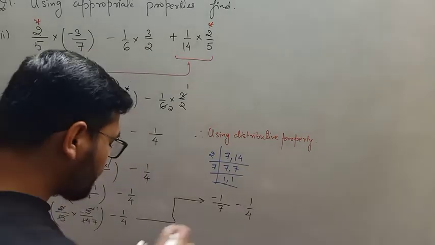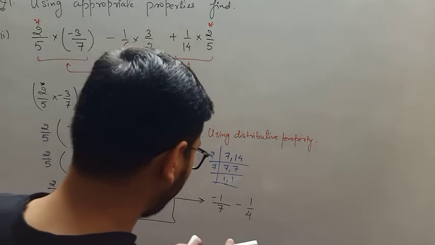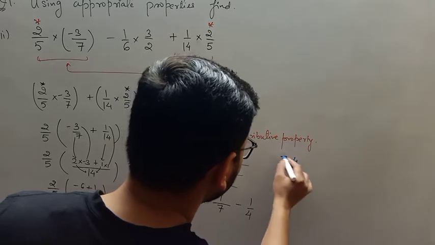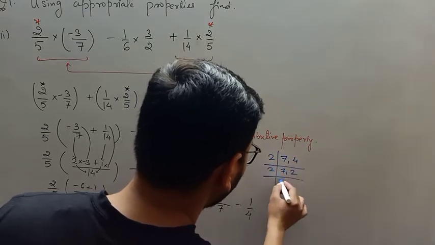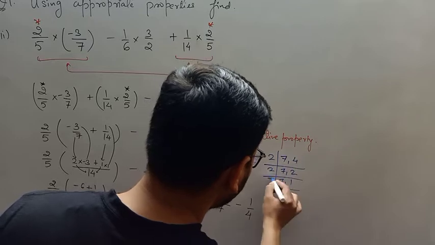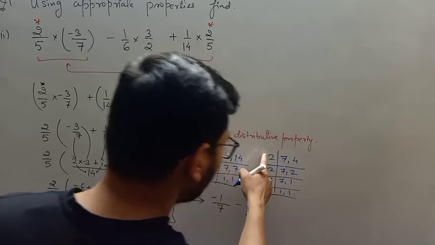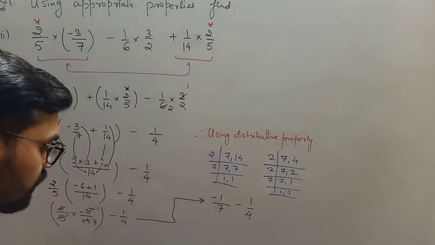Now what is the LCM of 7 and 4? 2 2s are 4, 2 1s are 2 and 7 1s are 7. So 2 2s are 4, 7s are 28.